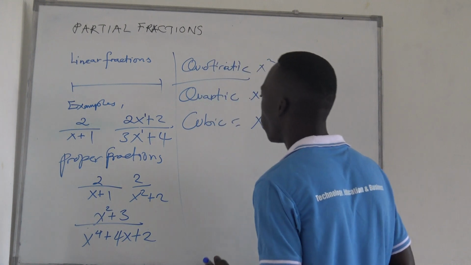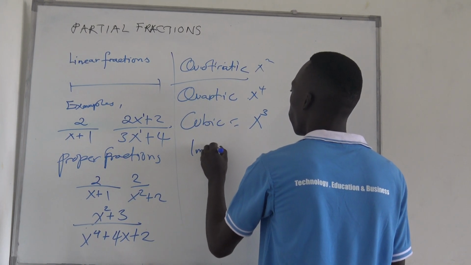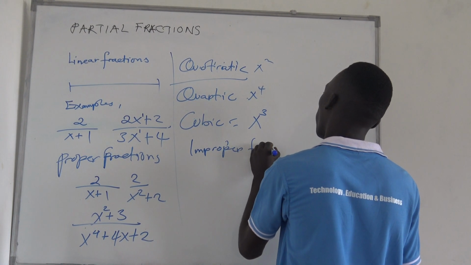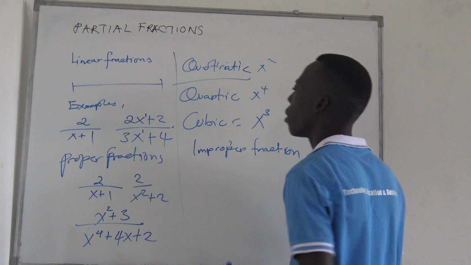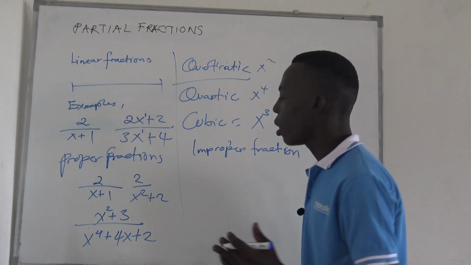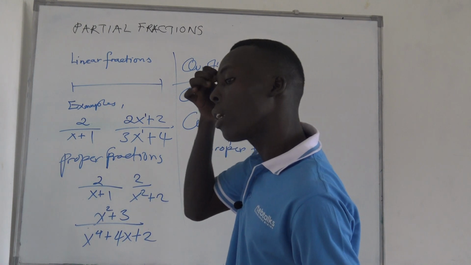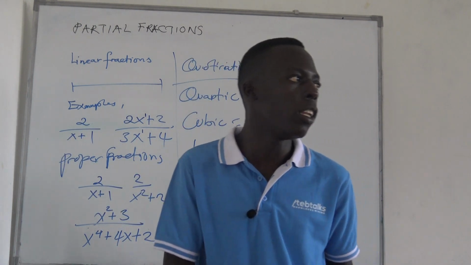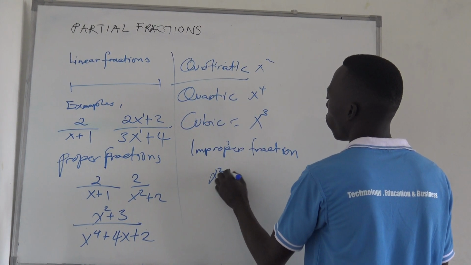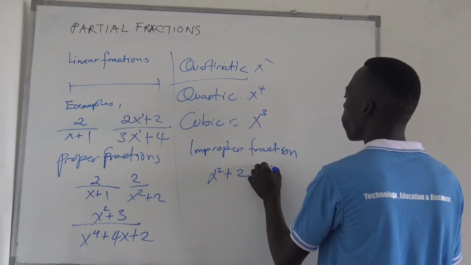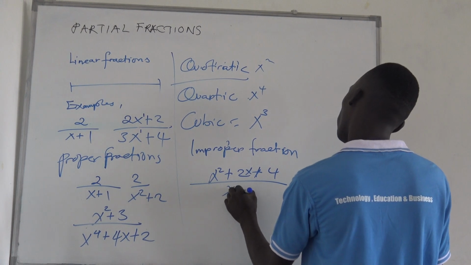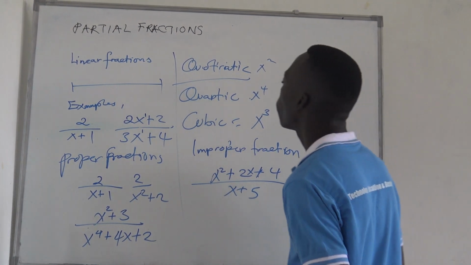So also there is improper. Improper fraction, also from the ordinary fractions. This one shows that the numerator is bigger in degree than the denominator. For instance, if we take x squared plus 2x plus 4 out of x plus 5, this is an improper.